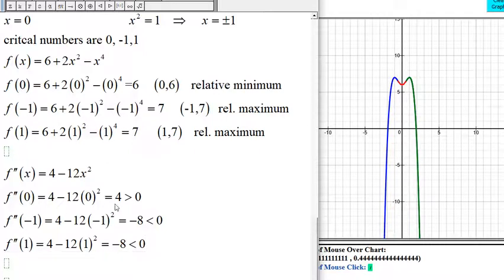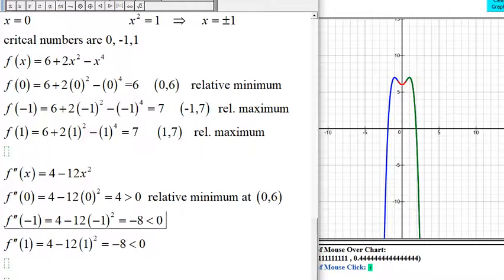And if the second derivative is positive, then we have a minimum. And so right here, it says that we have relative minimum at 0, 6. Because the second derivative is positive.